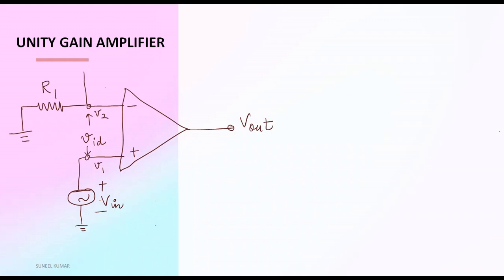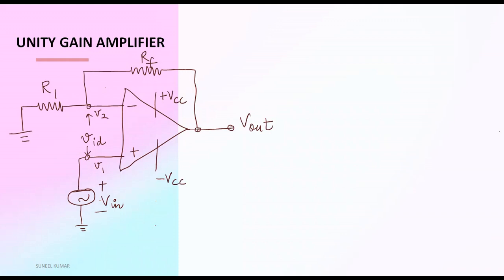Basically, we are making a non-inverting amplifier. This resistance was the feedback resistance RF, and we have connected this to the output because we are considering the closed loop configuration of the op-amp. We also have two DC supplies, plus VCC and minus VCC.